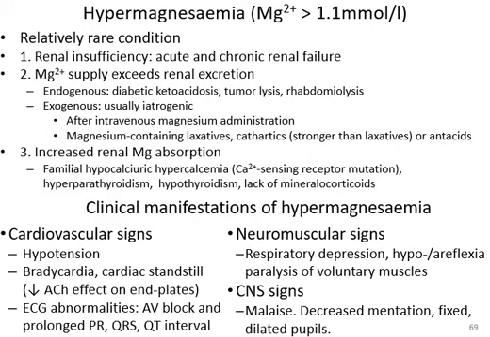Exogenous is pretty rare. It is usually related to malpractice, due to treatment with a high concentration of magnesium containing laxatives, which are cathartics and very strong laxatives, or some antacids.